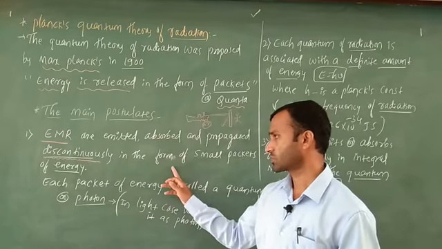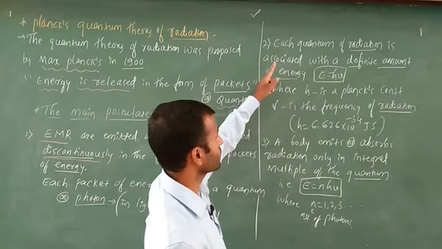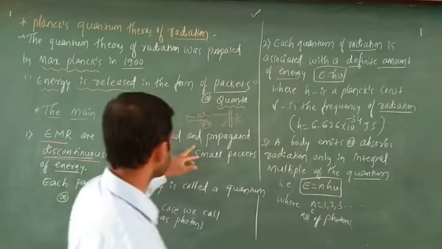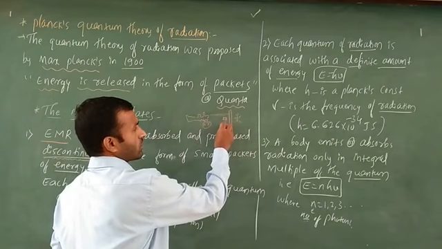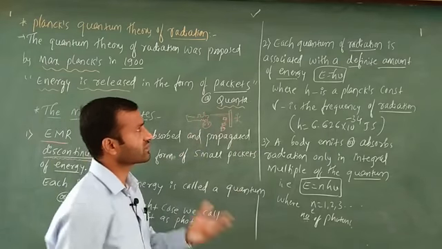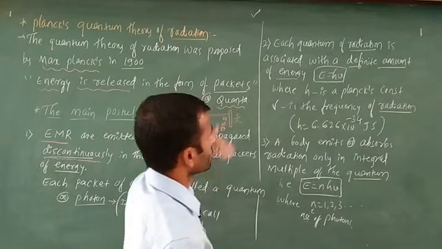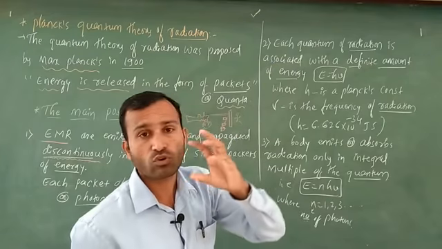This is the first postulate. Make it perfect. Next is the second postulate. Each quantum of radiation, each packet, the photon, is associated with a definite amount of energy.